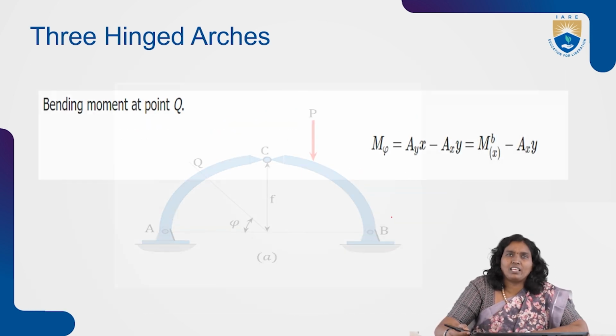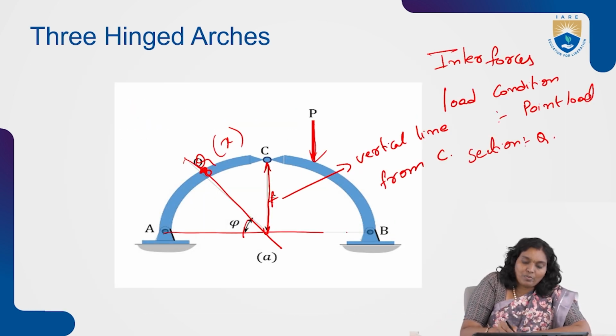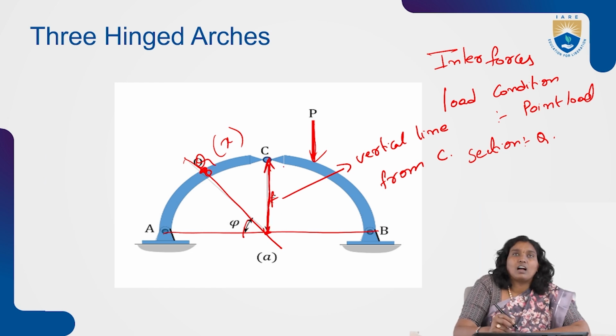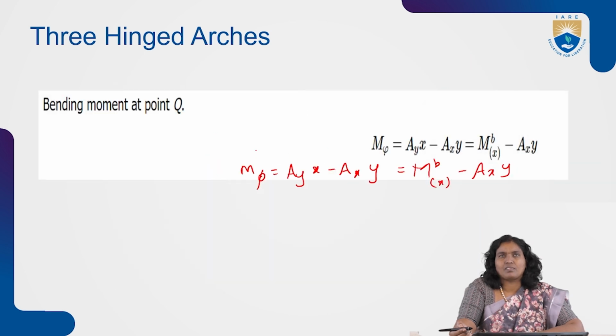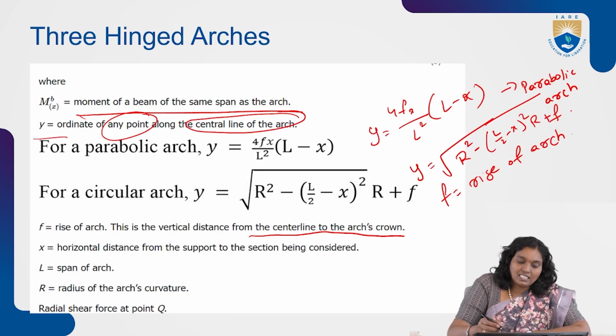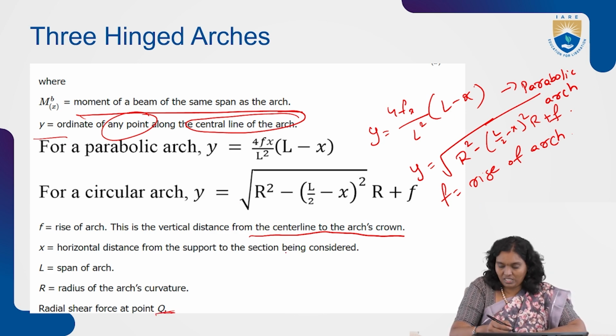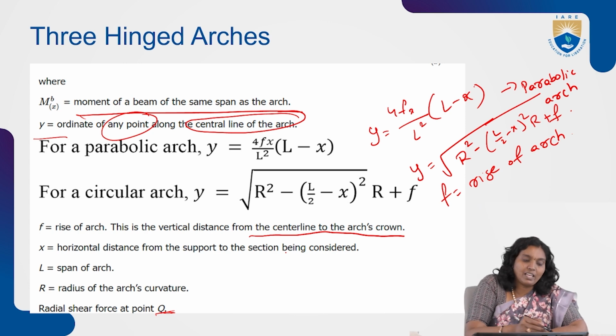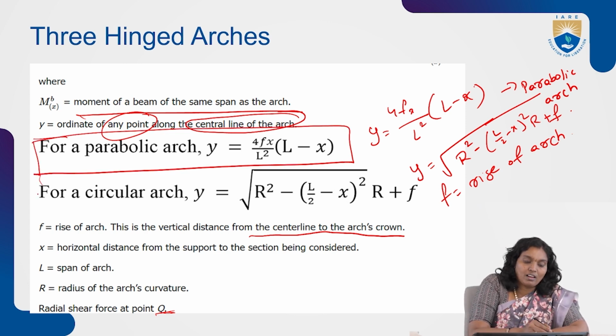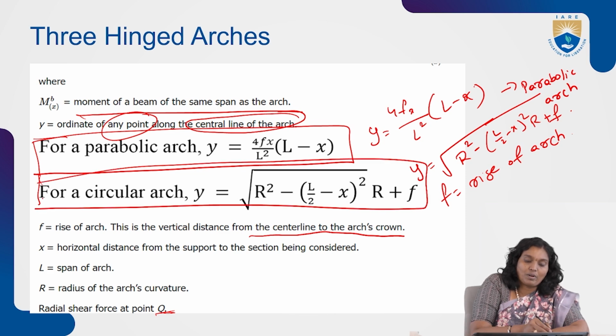It is the midpoint from A to B, the midpoint to the center of the arch at C, the crown point. L is the span of the arch, R is the radius, and here is the radial shear force at Q. These are the conditions; for a parabolic arch this is the formula, and for a circular arch this is the formula.